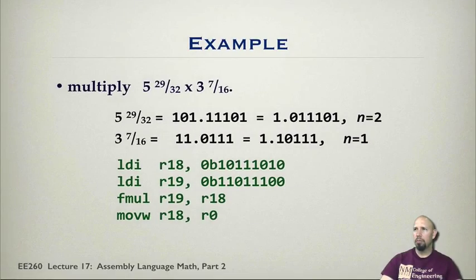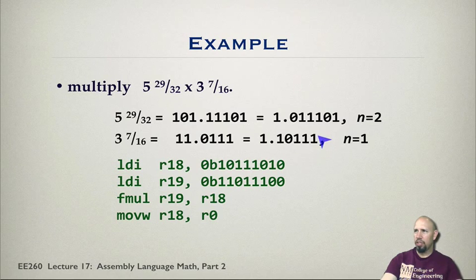Now, as an example, suppose I wanted to multiply these two numbers together. So this number is represented this way, which in f1.7 is this form. Okay, and notice I've had to do 2 shifts to keep track of that, to get it into this form. 3/16 can be written this way, which in f1.7 is this.